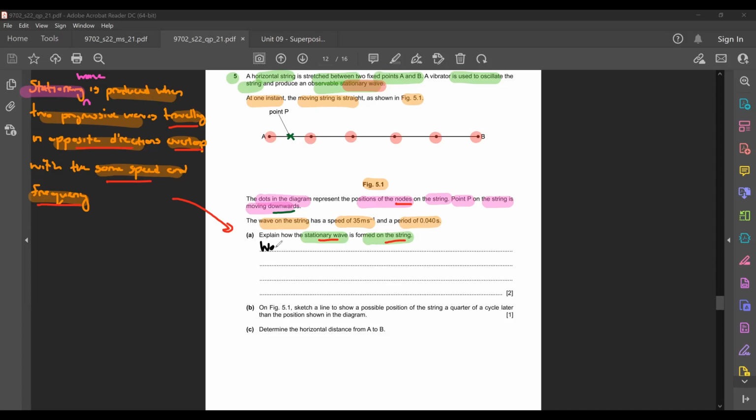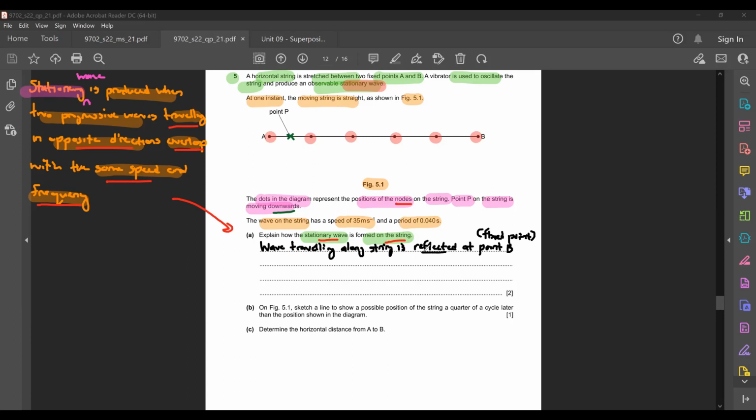The wave traveling along the string is reflected at point B, which is actually our fixed point.